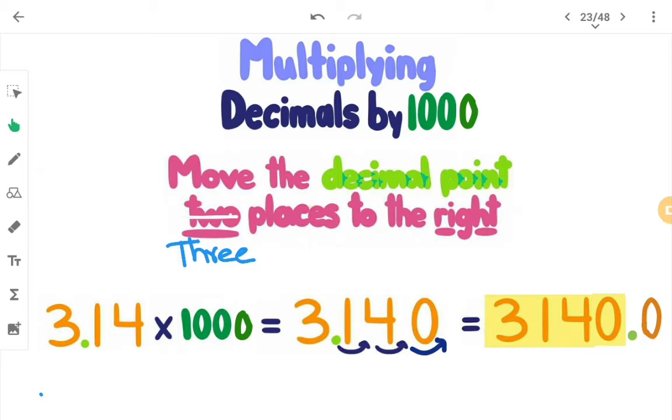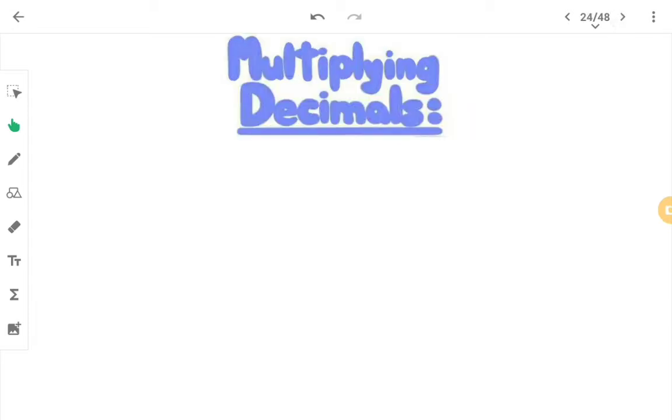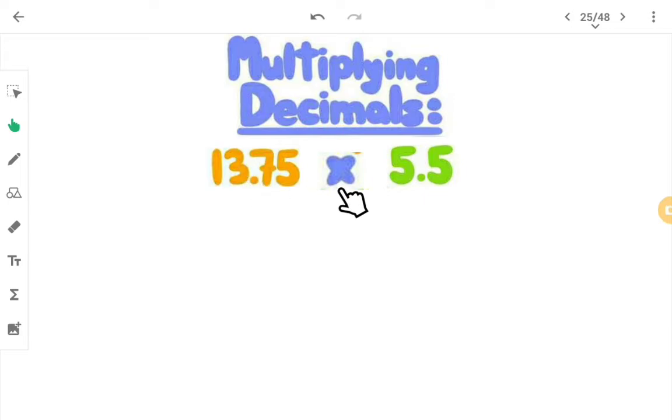Now we are going to see multiplying a decimal with a decimal. A decimal number is going to multiply with a decimal. So I have taken a number 13.75 into 5.5. Don't bother about the decimal point over here.